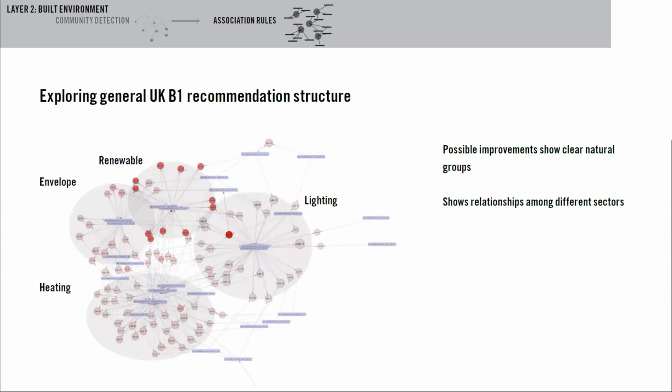So we're exploring the whole general UK B1 recommendation structure. We can see that several sections come up naturally, focusing on the lighting part, renewable part, building envelope part, or heating. And we can also explore the relationships between them within this rule structure here.